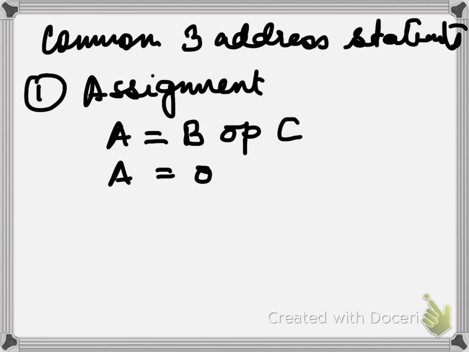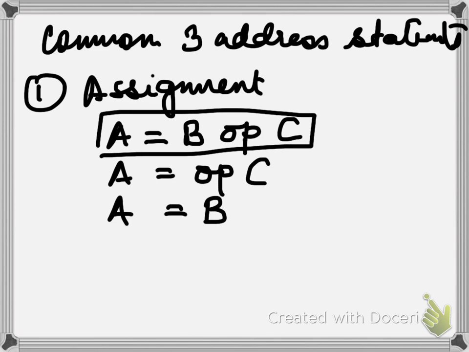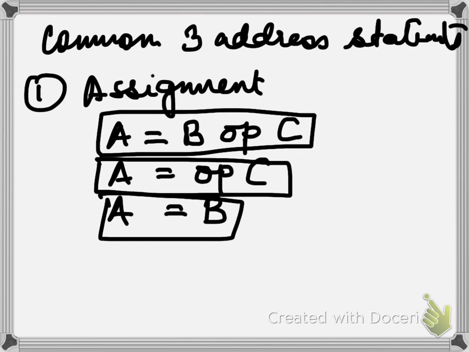Or you may have something like this, where op is a unary operator, or I may have a single assignment like this. Here the second operand is missing, so the address of the third will be empty. Here two things are missing, that is the operator and the other operand, so those will be empty. So this is an assignment which you can represent using three address code.